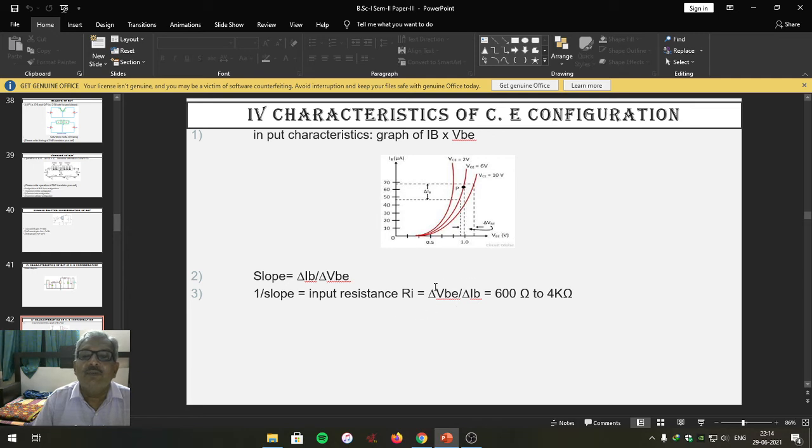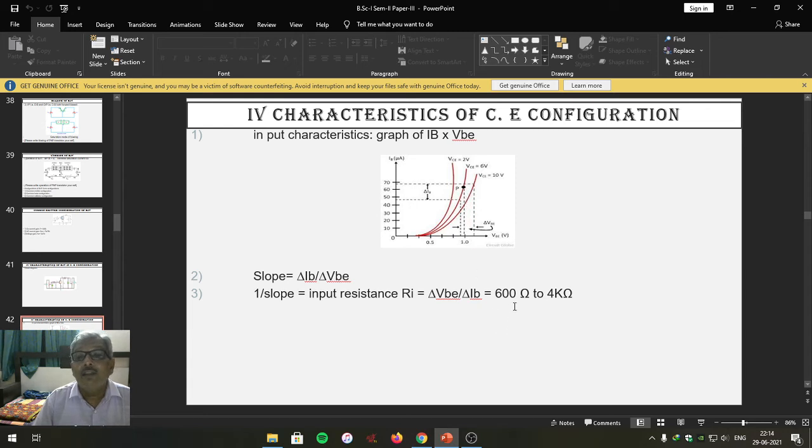That is delta VBE upon delta IB, the reverse of this. By Ohm's law, the ratio of voltage upon current is the resistance. Here, change in base emitter voltage upon change in base current gives you the input resistance Ri, which can be determined by selecting any one of the curves.